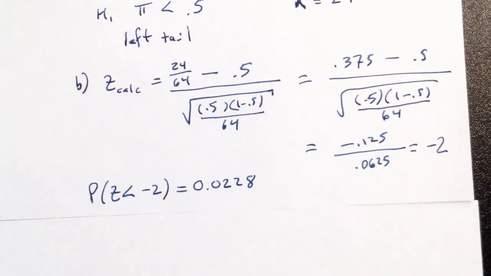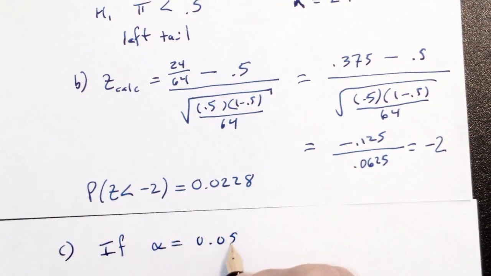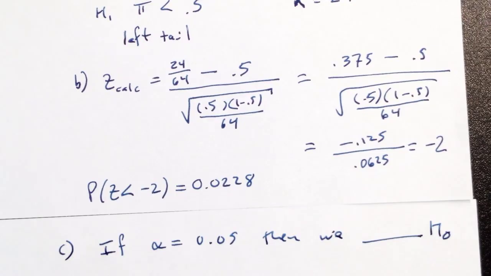Do we want to be 95% confident, 90% confident? What's our one tail alpha? Now, the textbook actually tells me alpha is 0.05. What do you decide? I need you to fill in the blank. Reject or do not reject.